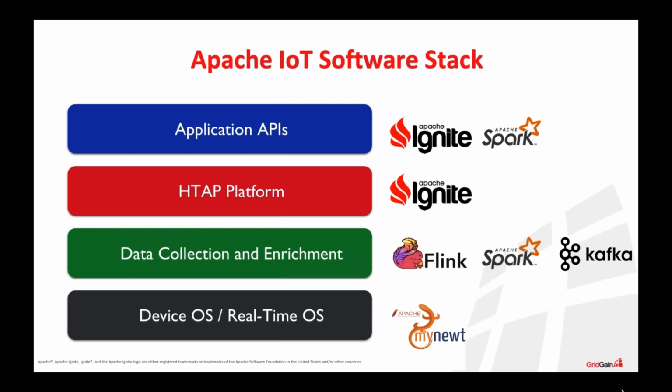For instance, it has a distributed SQL engine. It supports distributed transactions. Even more recently, the Apache Ignite community released a beta version of a machine learning library. So there are a lot of capabilities and storage formats that are needed and supported for an IoT software stack.